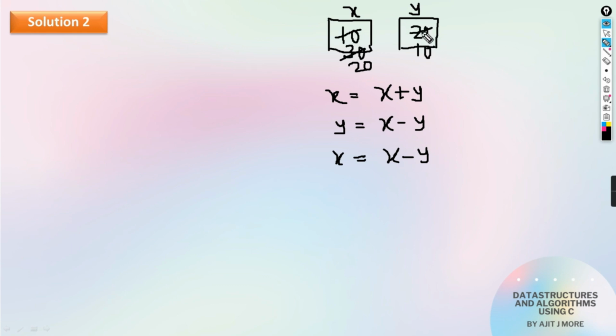The old value of Y was 20, that has become the value of X, and the old value of X was 10, that has become the value of Y. I hope you got this solution also. It's quite simple. We have not made use of a temporary variable. Instead of that, I am using plus and minus.